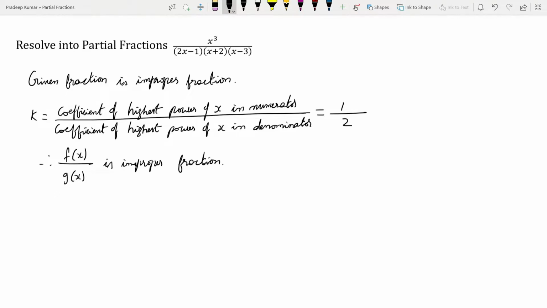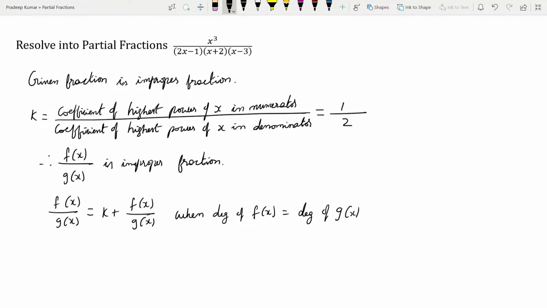Whenever the powers are equal but the coefficients are different, we write f(x)/g(x) equal to k plus f(x)/g(x). This condition applies whenever the powers are equal but the coefficient is higher in the denominator, that is, when the degree of f(x) is equal to the degree of g(x).